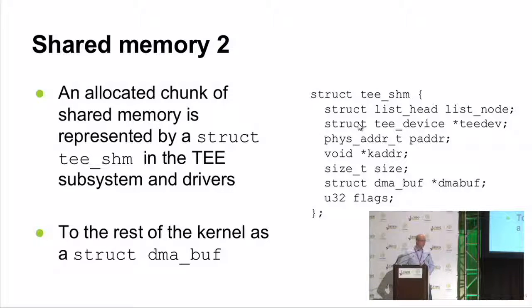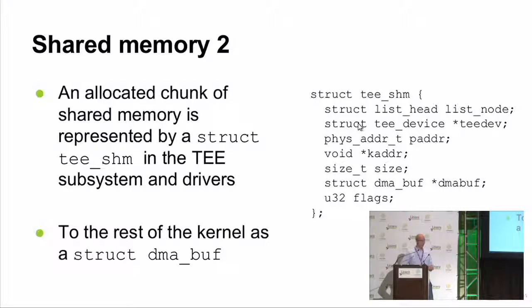So a shared memory chunk is represented as a tee_shm inside the TEE subsystem and drivers, and known as a struct dma_buf to the rest of the kernel, and actually user space also.